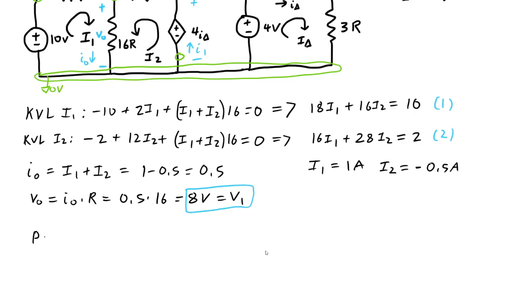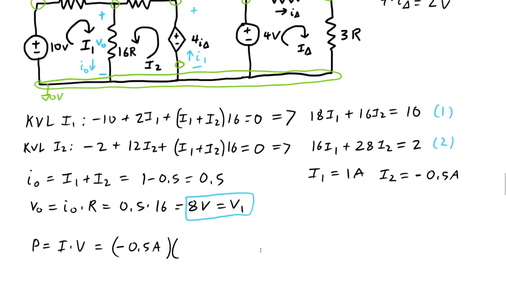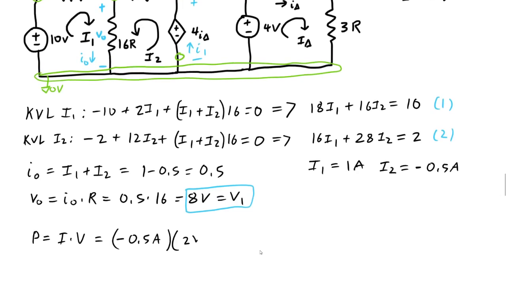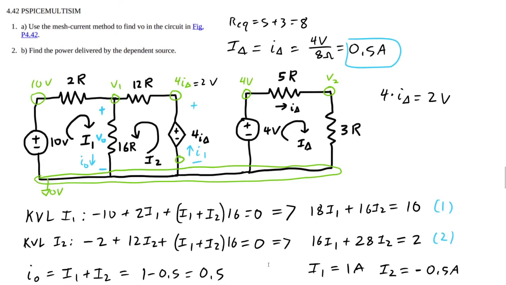So P is going to equal I times V, and we have negative 0.5 amps, and then there's 2 volts, so 1 watt is being supplied by that dependent source. And there you go. Super simple.